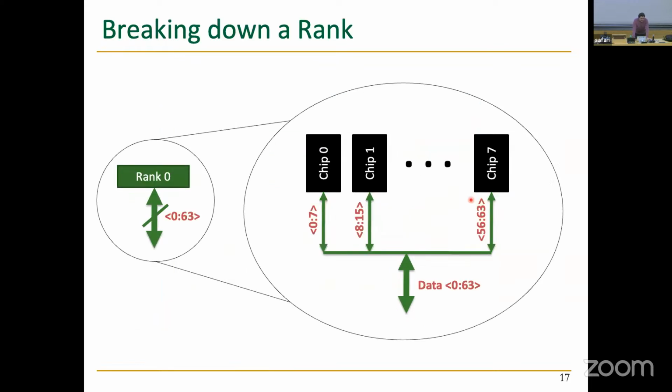What's inside a rank? You will have multiple chips. You will have 64 bits of data coming to your rank of chips, but these are distributed to, in this example, 8 different chips, and each chip receives 8 bits of data. Why do we have this sort of connection? Because pins, again, are costly.